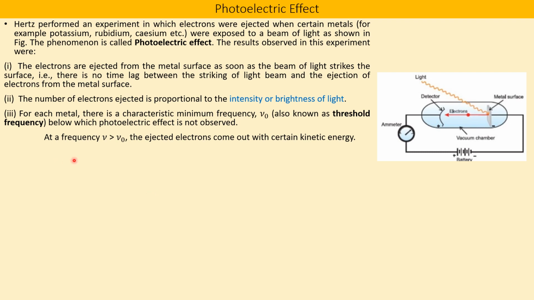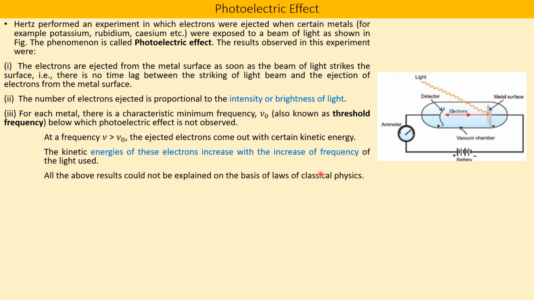At a frequency nu greater than nu naught, the ejected electrons come out with certain kinetic energy. The kinetic energy of these electrons increases with increase of frequency of the light used. That means if you increase the frequency of the incident light, the kinetic energy also increases.